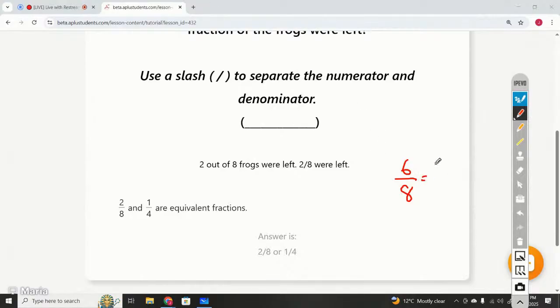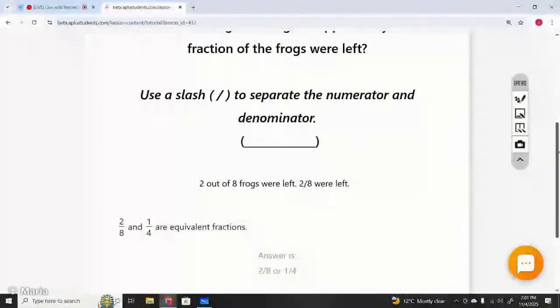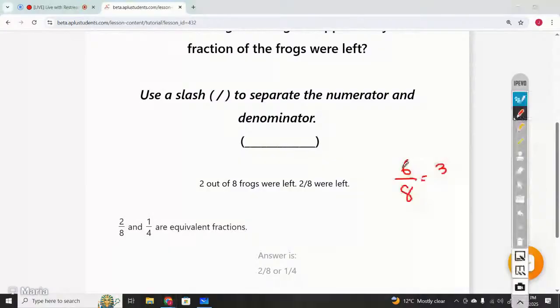Divide by the common number 2. So that is 3 by 4. What fraction of the frogs were left? That is 2 by 8, that is 1 over 4. The correct option is 1 by 4.